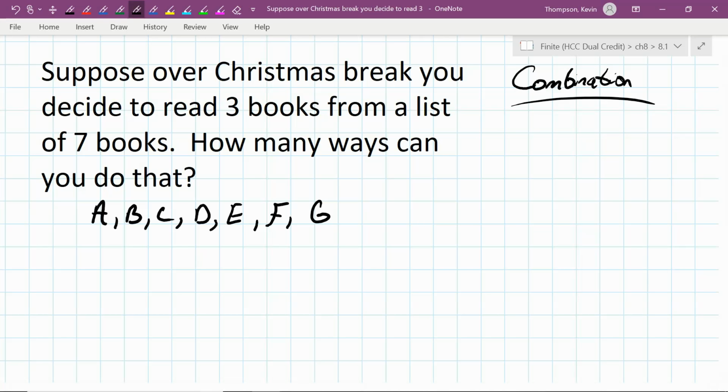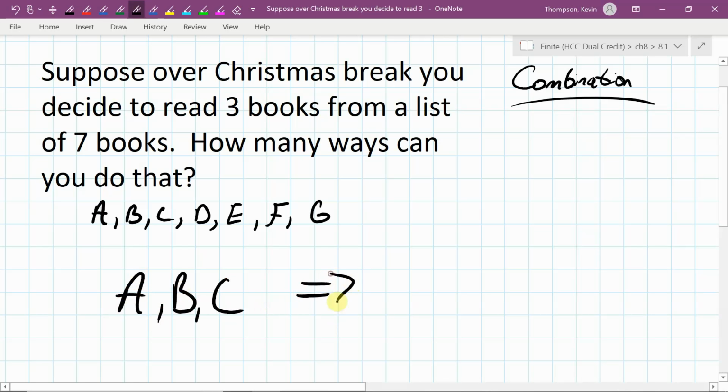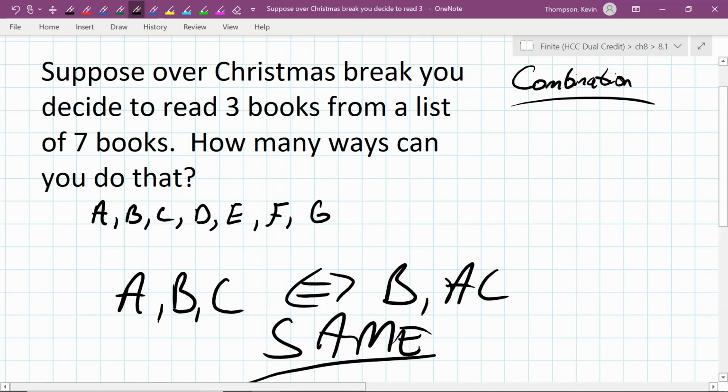Or becoming the officers, like if I'm president versus treasurer, then that's different. Why is that not true here? Why is it here that in this problem, books ABC is the same as books BAC? That these are actually the same for this problem. Why?